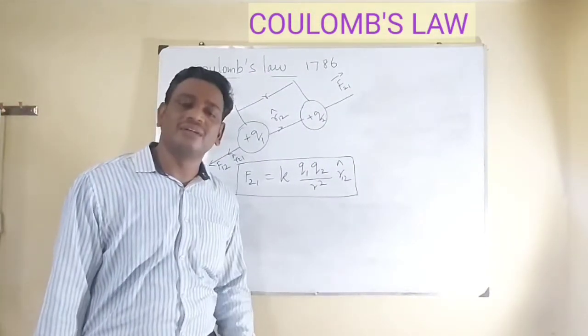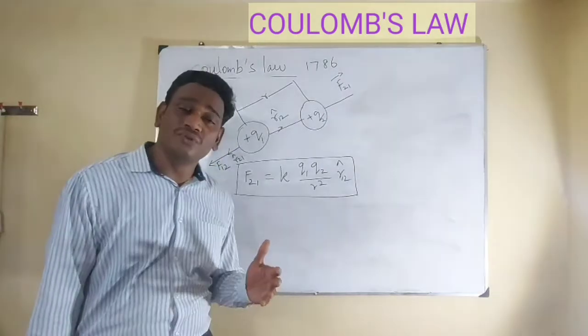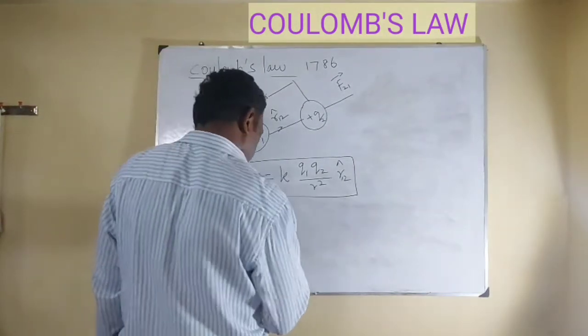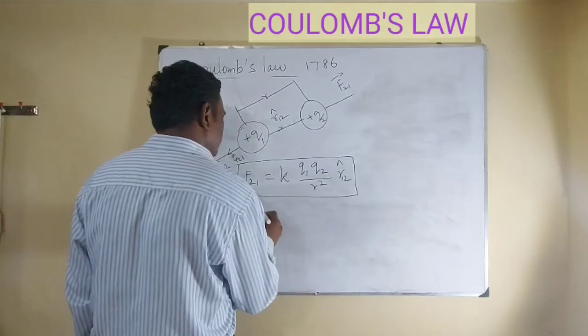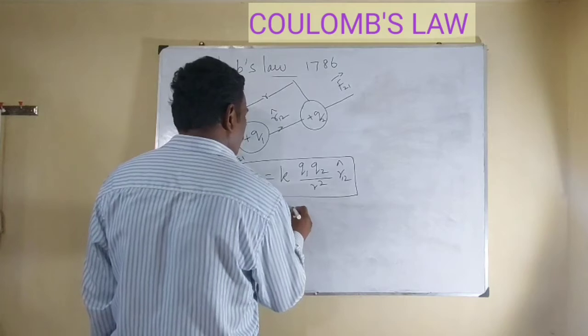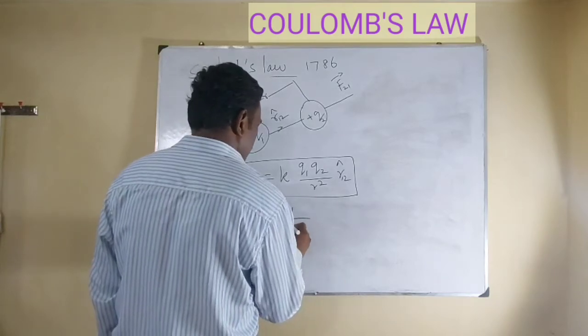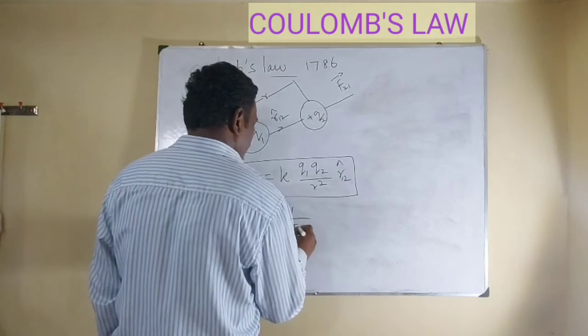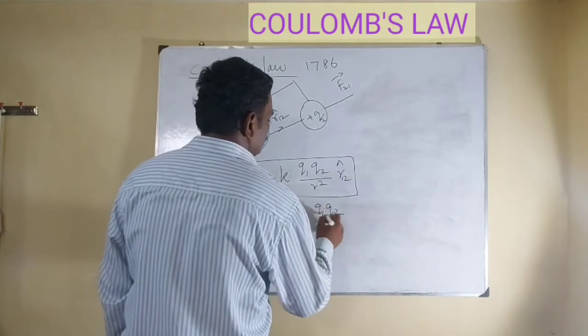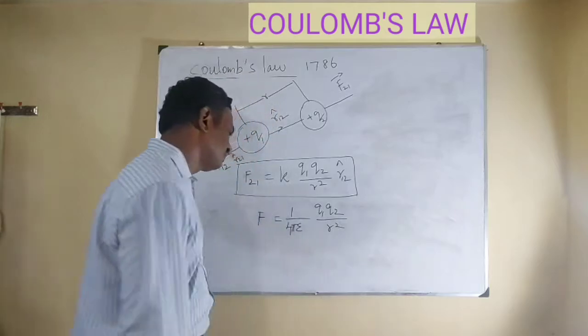Next we are going to write the Coulomb force in a medium. In a medium, the force can be written as 1 by 4 pi epsilon q1 q2 by r square.